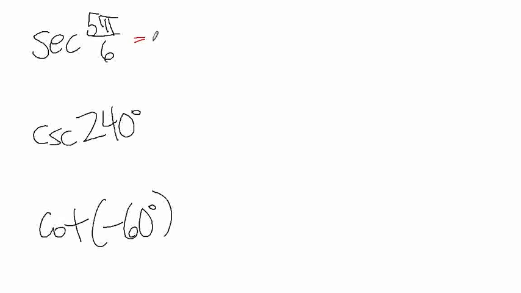So for the secant of 5 pi over 6, let's start by expressing it as the reciprocal of the cosine of 5 pi over 6. Then let's realize that that's related to the cosine of pi over 6. The only difference is a minus sign.